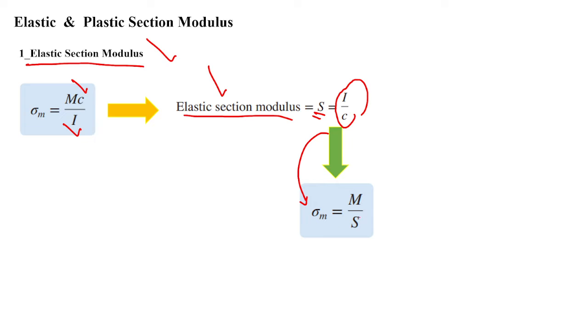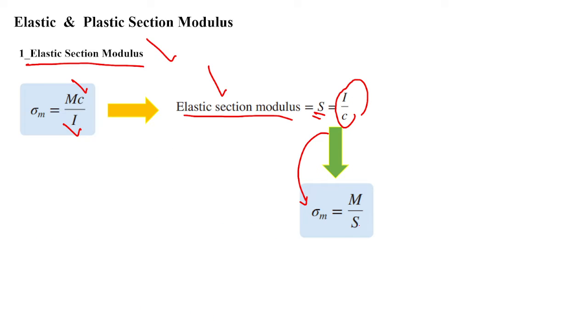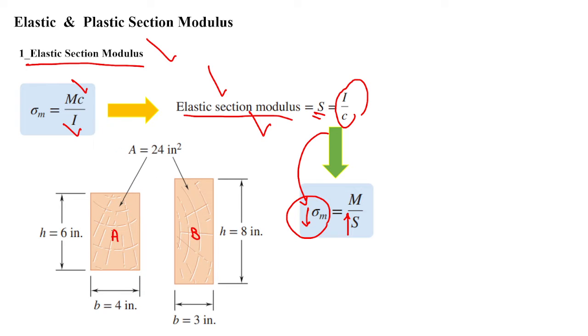Sigma maximum is capital M over capital S. One effective way to decrease the stresses in a structure is just increasing the section modulus. By increasing S, the denominator is increasing, then maximum stress is decreasing.